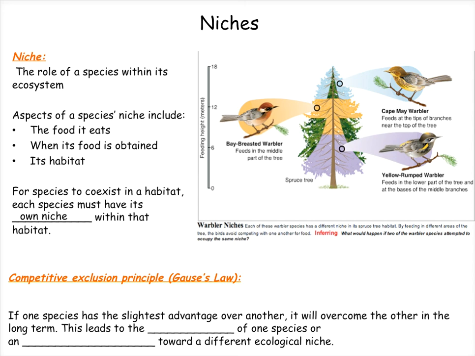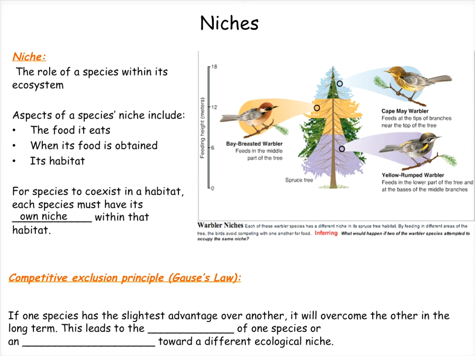Another organism that hunts insects from trees, such as a bat, can coexist with the warblers only by occupying a slightly altered niche. For example, hunting the insects at night instead of during the day.